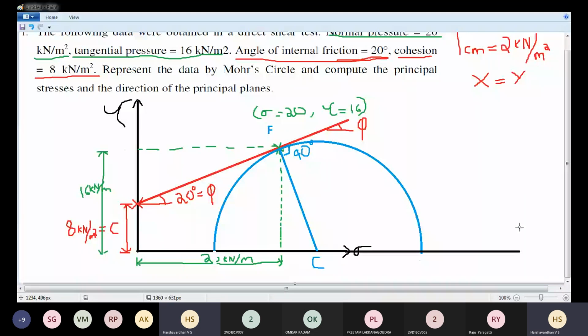This is my Mohr circle, and this point is sigma 3.